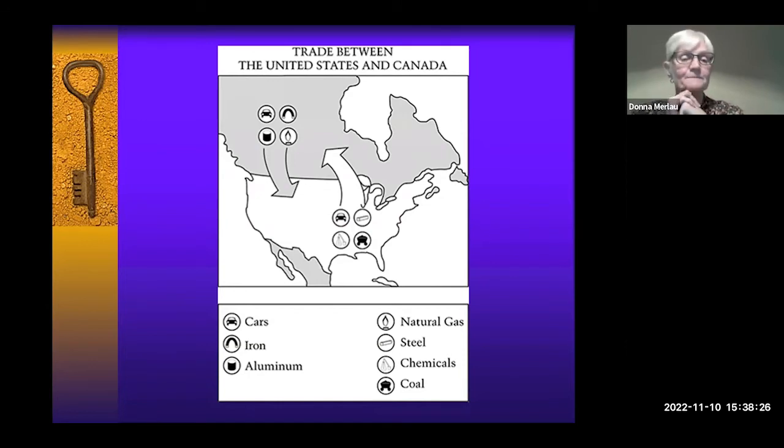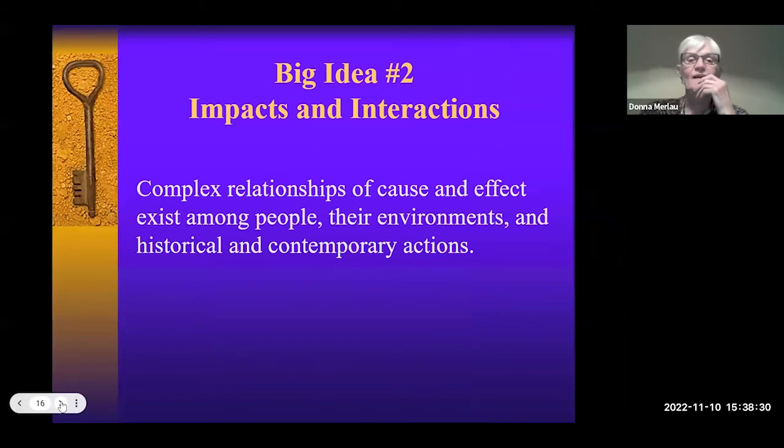Okay, Greg. All right, so big idea number 2: there are complex relationships of cause and effect existing among people, their environments, and historical and contemporary actions. So there may have been actions in the past that have shaped that land that have an impact today.